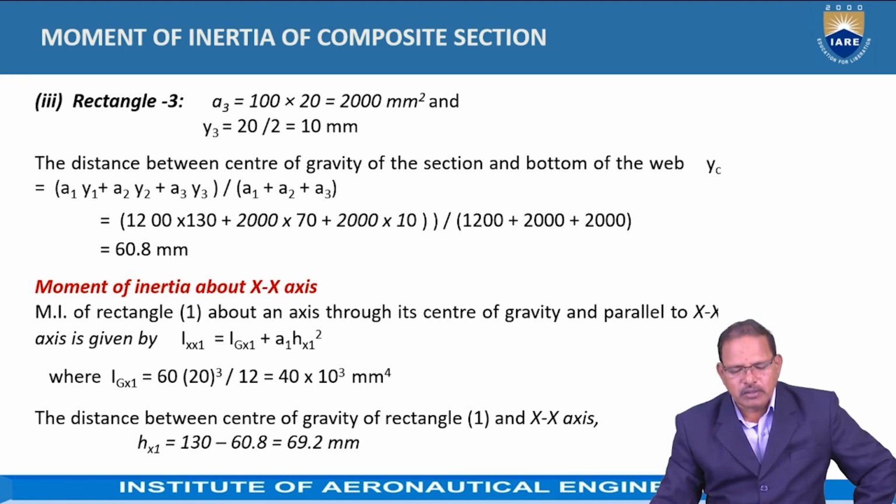First determine the moment of inertia of the first rectangle. So Ix1 is equal to Igx1 plus A1 hx1 square.